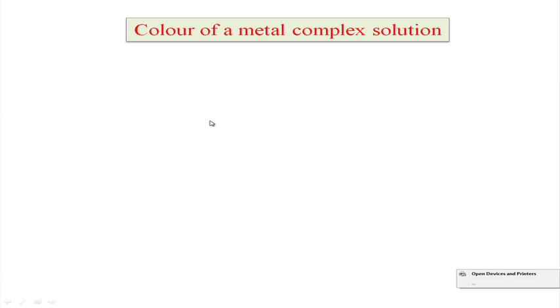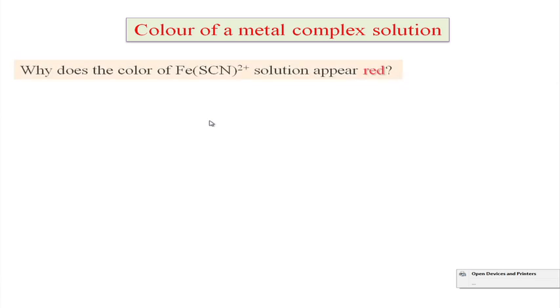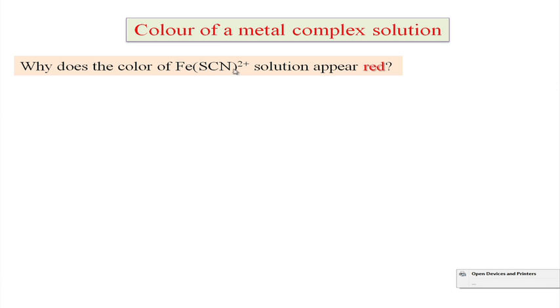A metal complex can give rise to the corresponding color in solution, and as I told you, FeSCN2+ will be forming there, which is red in color and strong in color also. That means what we are talking about now is the color intensity. It is red, but the information that it is only red is not sufficient.